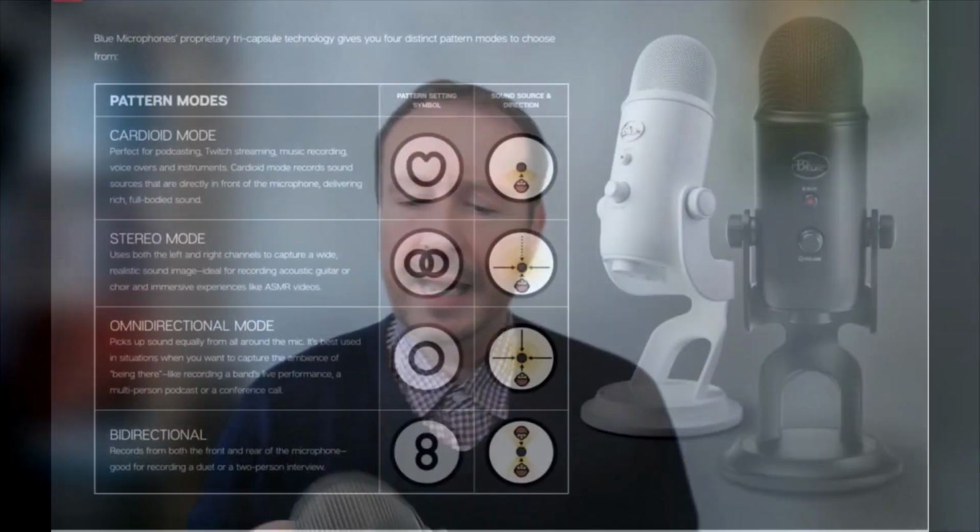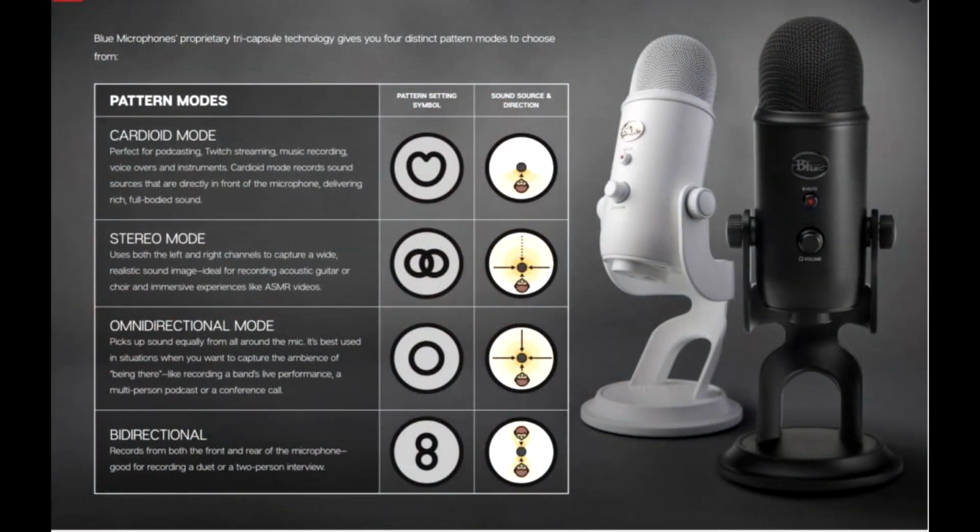It has these 4 patterns on it. And what these patterns do is that you can adjust it depending on the environment that you're in. So one pattern is perfect if you just want to have the Blue Yeti in front of you and talking directly into it. However, another pattern is perfect if you want to do, say, a podcast or interview and have people sitting either side of it.